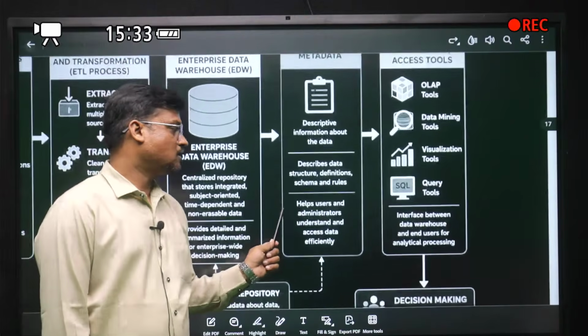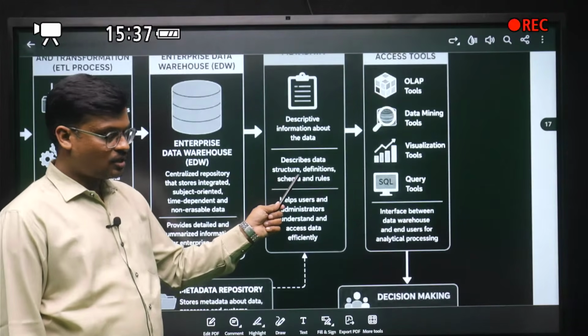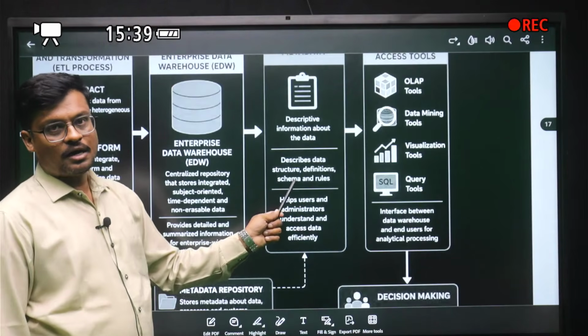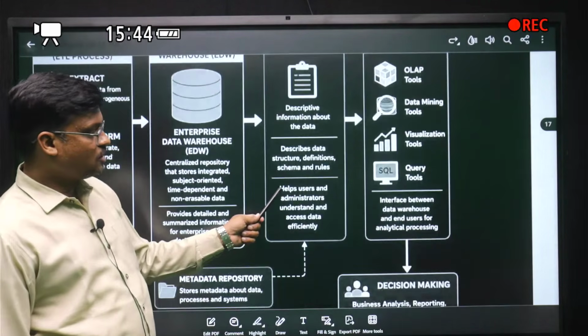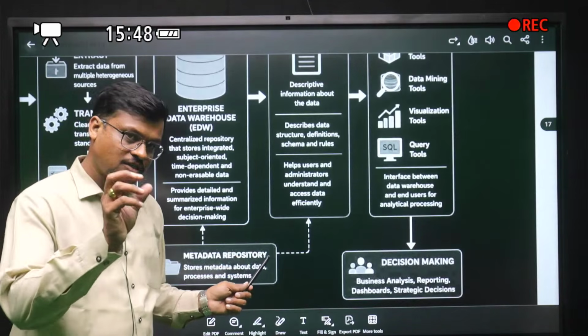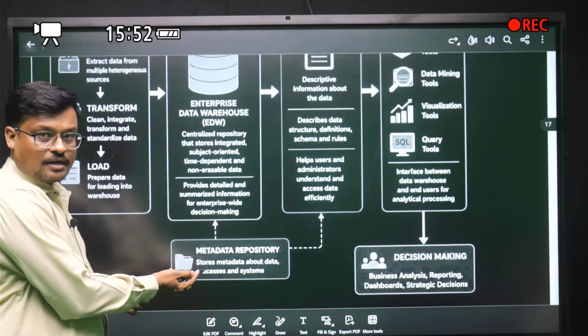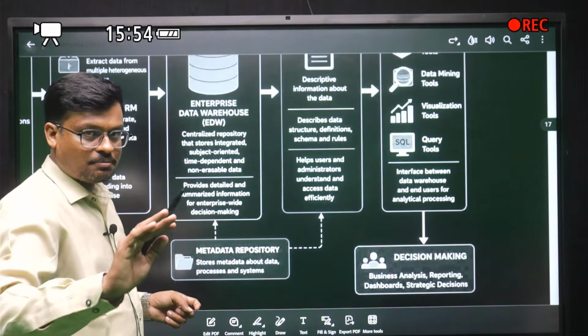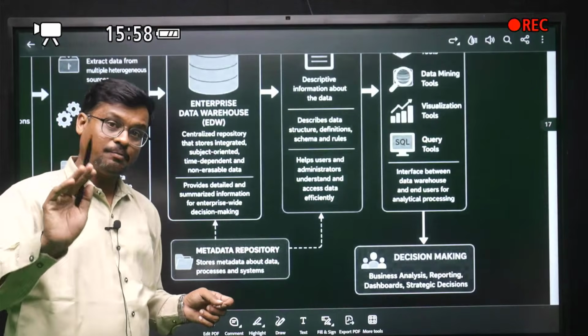Metadata is simply called what, dear? The data about the data, which describes the structure, definitions, schema, and rules applied on your data warehouse. It helps the users and administrators to easily identify and access the data, and both of them are linked with the metadata repository. Always remember, metadata is not stored in your database, it is stored in a separate repository, dear.